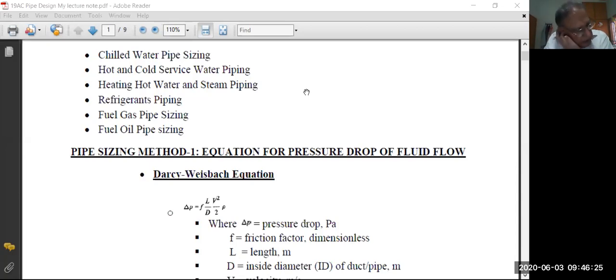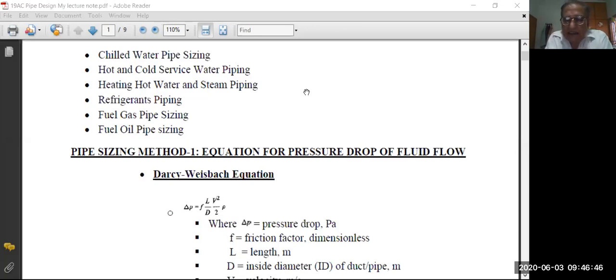So air handling units and fan coil units are actually heat exchanger coils where cold water is circulated through a bunch of pipes. So that is called a coil. After going through the coil, it comes back to the chiller.